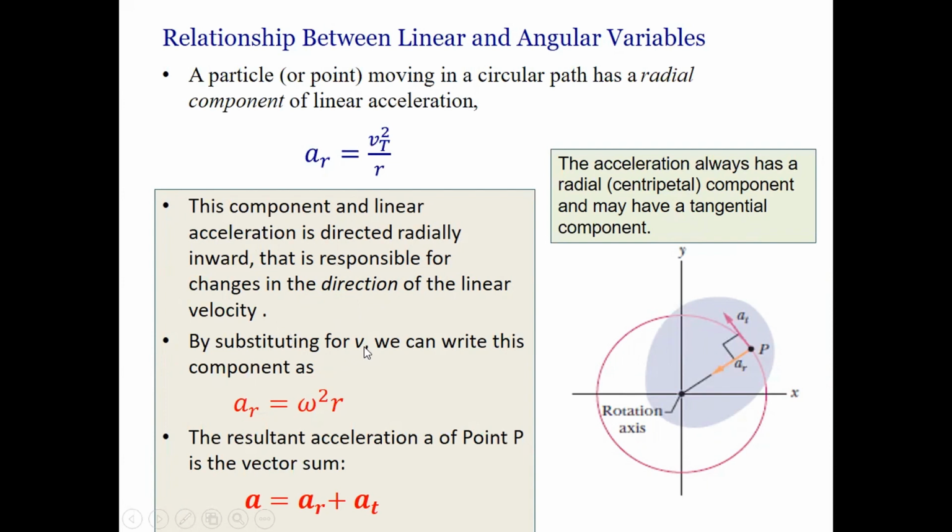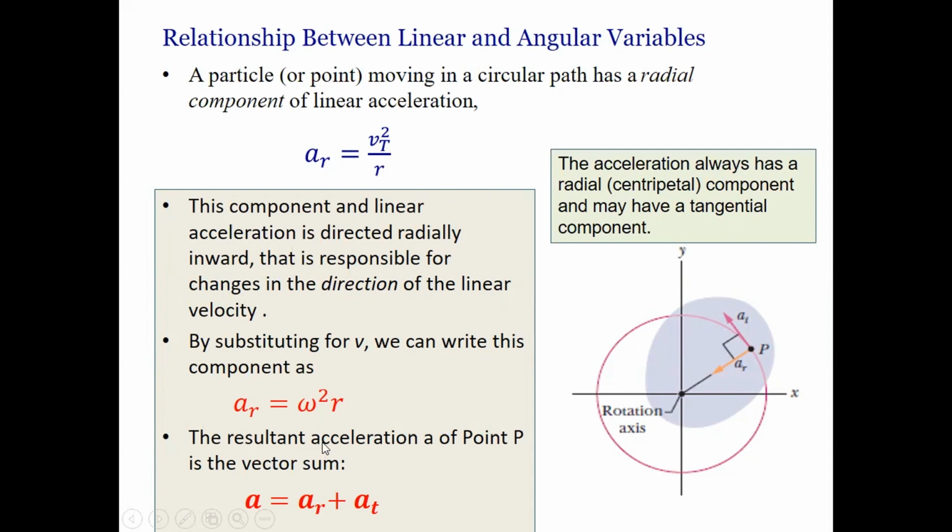So if we substitute for v the relationship we have already derived, that v is equal to the angular velocity multiplied by r, then we get the radial component of the acceleration equal to omega squared times r.